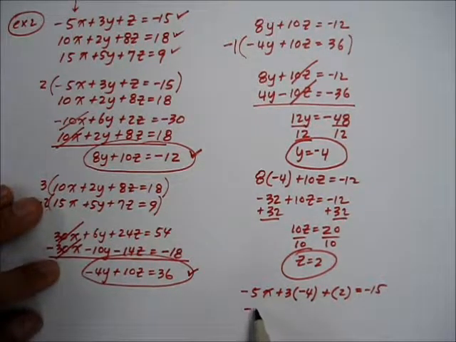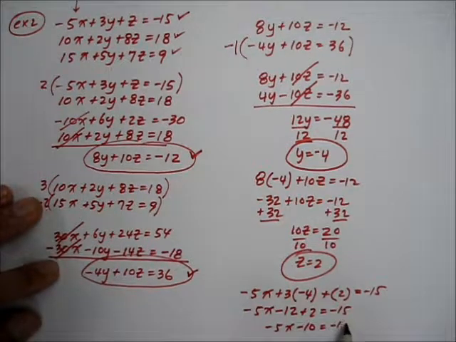So when I evaluate, I get negative 5x plus 3 times negative 4 is negative 12, plus 2 equals negative 15. Combine the two, so I get negative 5x minus 10 is equal to negative 15. Add 10 to both sides, and this answer comes out very pretty. Divide the negative 5 to both sides of the equation. x equals 1.